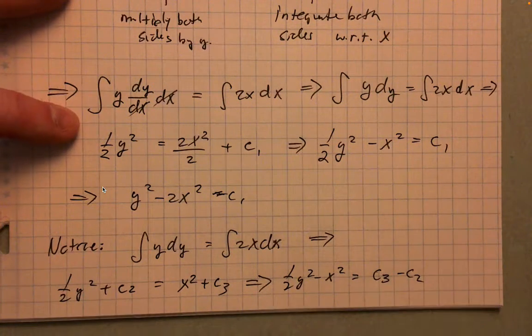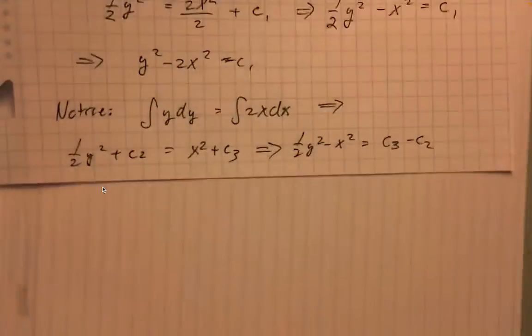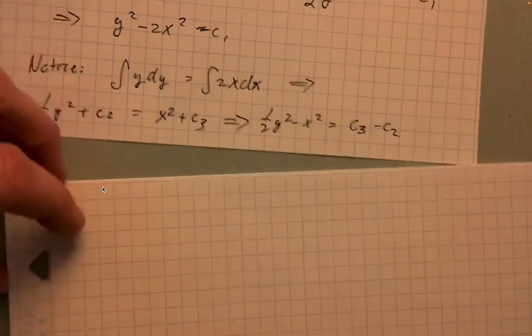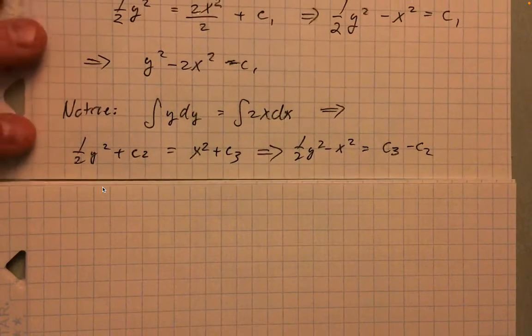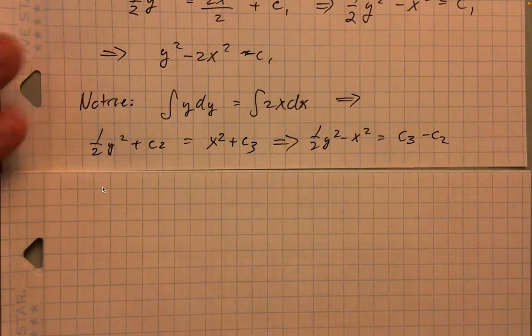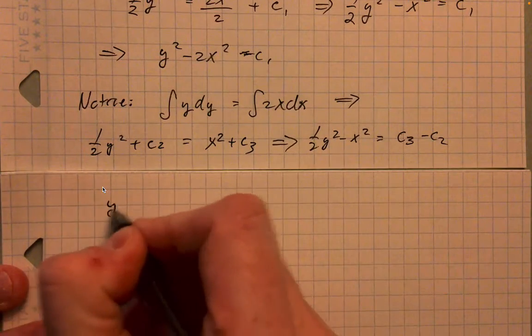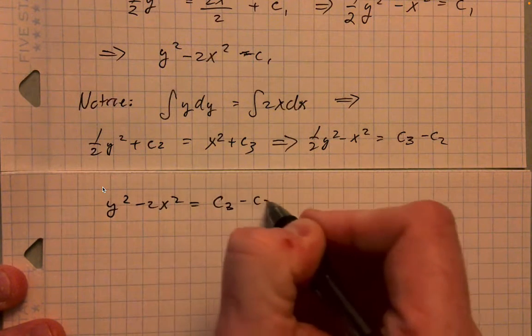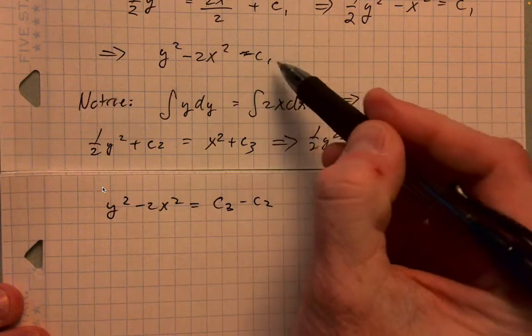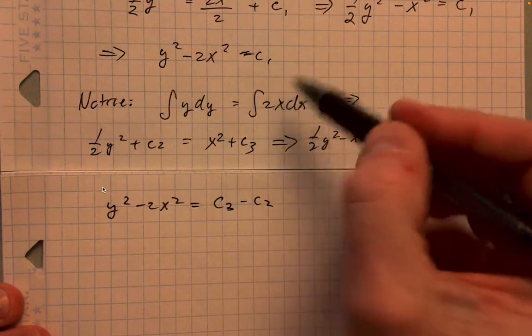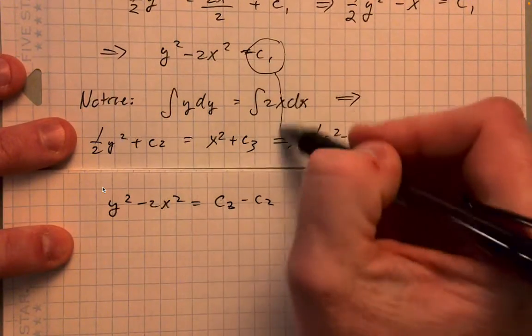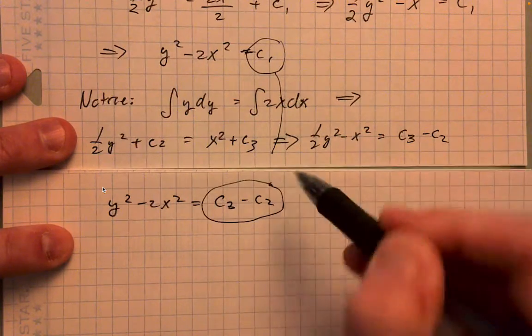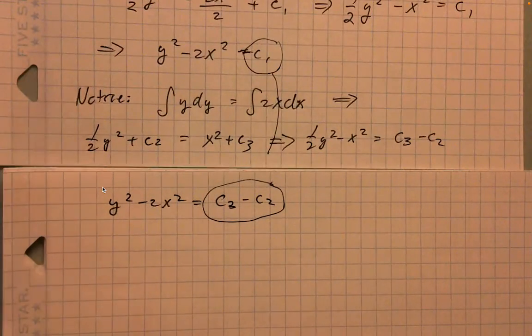And then technically I'm aiming for the same form as the previous solution, so I could say this is y squared minus 2x squared equals c3 minus c2. Now that's basically the same thing as I have up top here, right? So notice you've got the c1, and over here you've got the c3 minus c2.